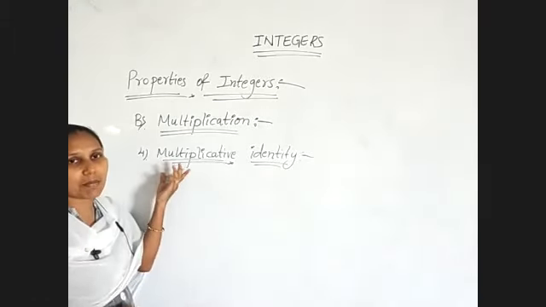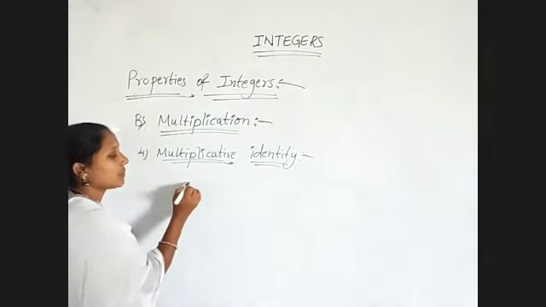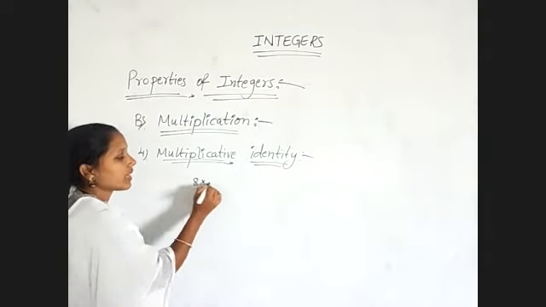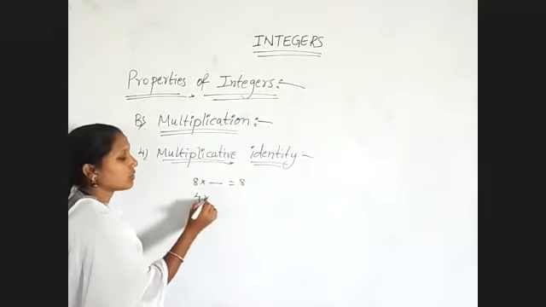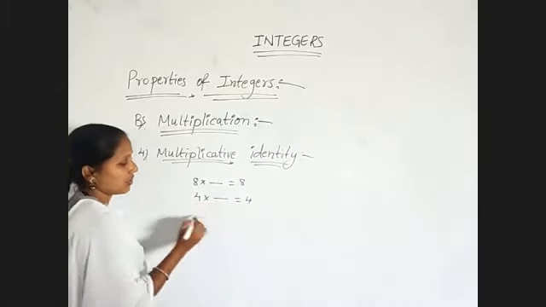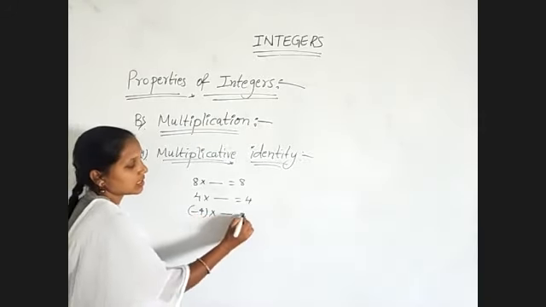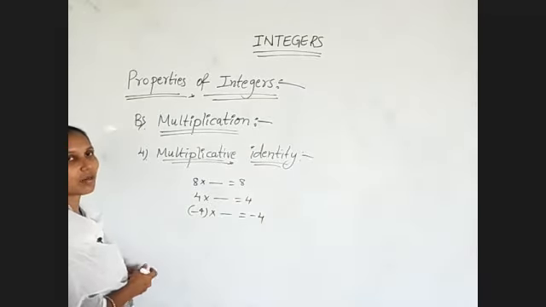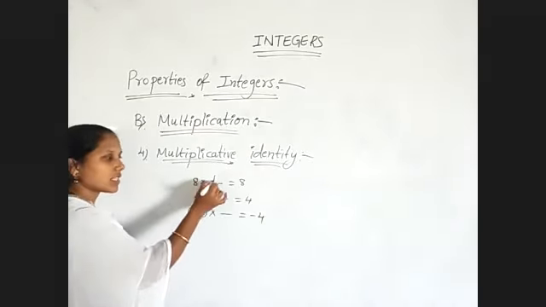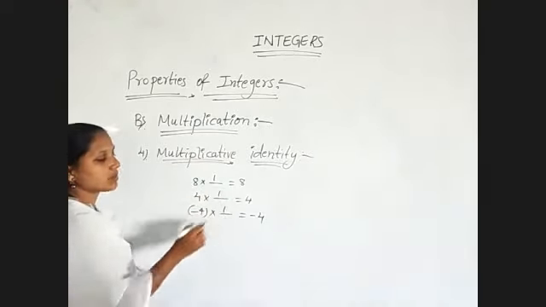Multiplicative means by multiplying what number we will get the same number. See, I am taking 8 into dash is equal to 8. 4 into dash is equal to 4. Minus 4 into dash is equal to minus 4. We have already performed this. So 8 ones are 8, 4 ones are 4, minus 4 into 1 is minus 4.